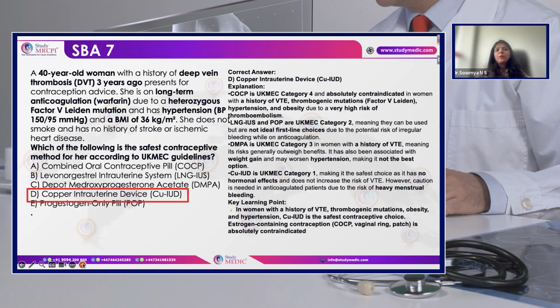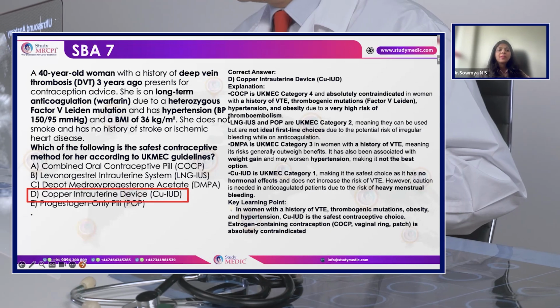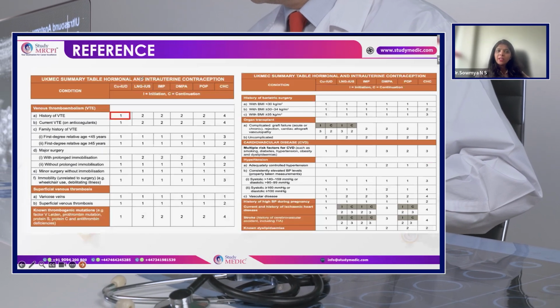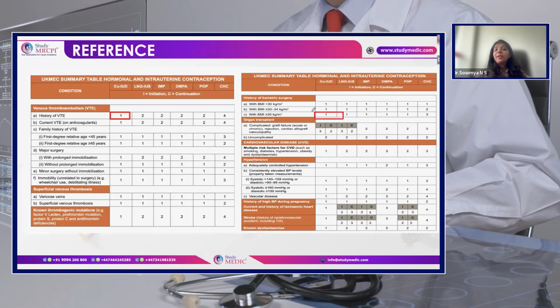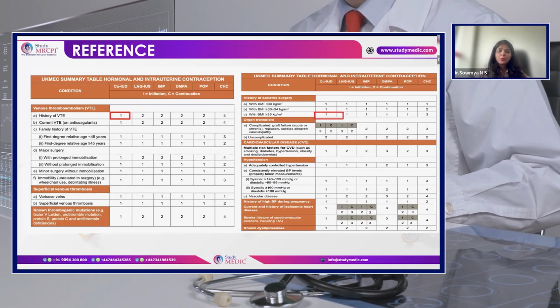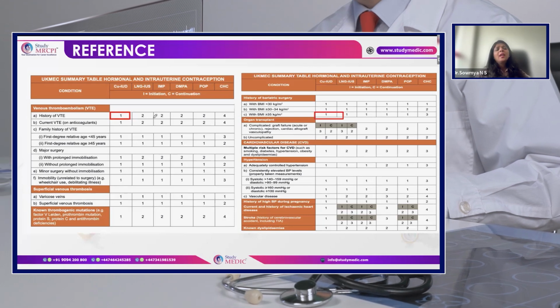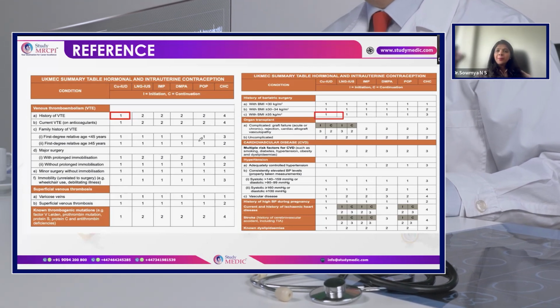DVT is a key factor where you want to avoid the hormonal contraceptives. Again, once again, history of VT, you go for copper T as the first choice, as well as with BMI of more than 35. So it's basically the multiple factors which come into the picture.